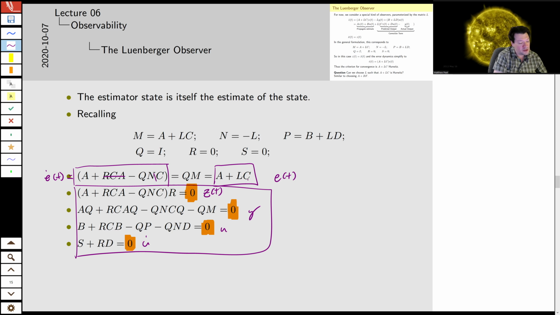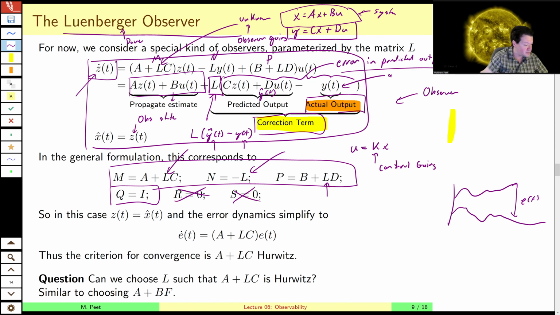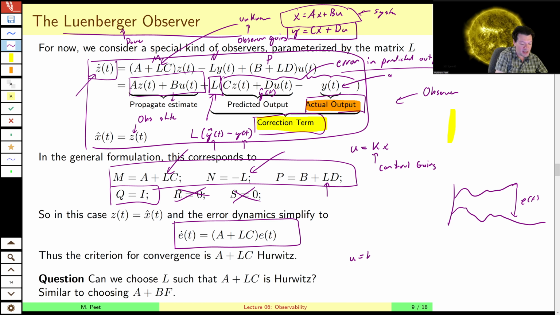So then the closed loop dynamics of the error system, the error dynamics, simplify to something which is not only smaller, but very close to what we had in the controllability case. Remember, we were designing u equals Kx.